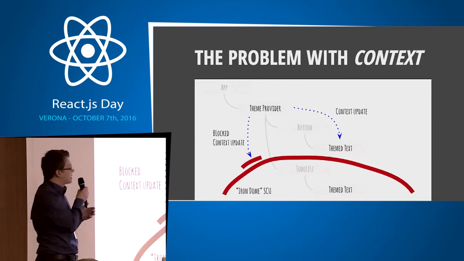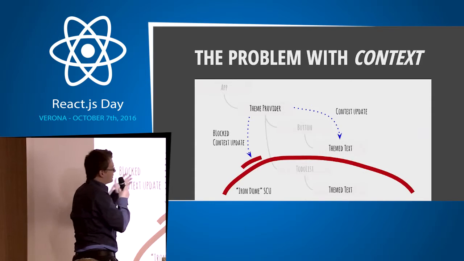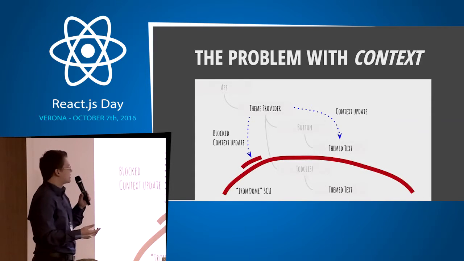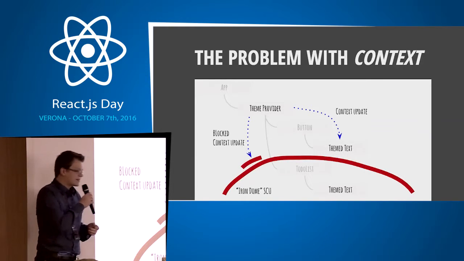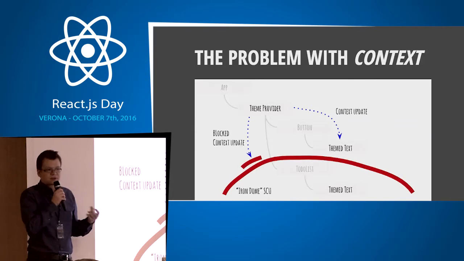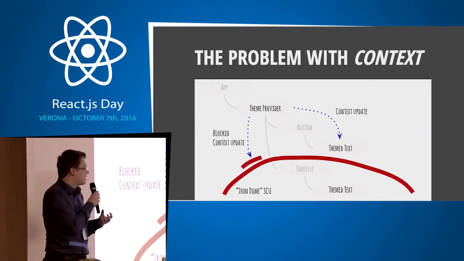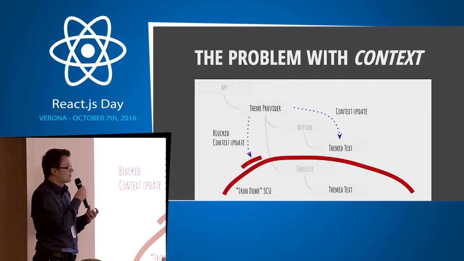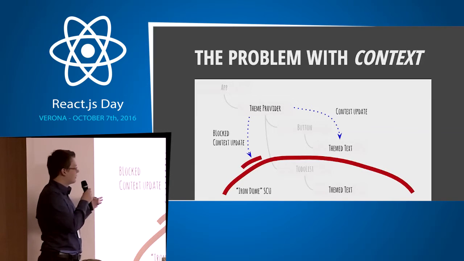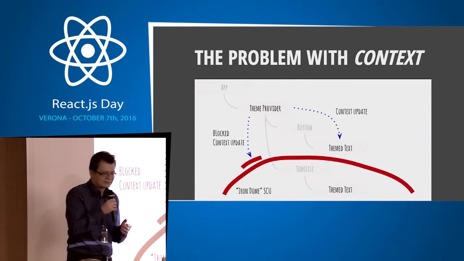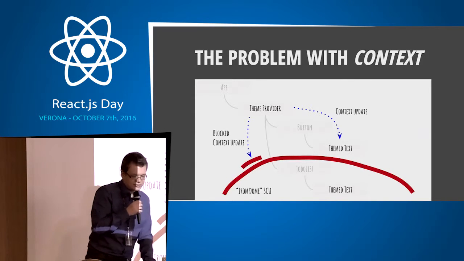So the idea is, we have an app, we have a theme provider, and then we're using context to update the themes, and it works great. But the problem is, when we have shouldComponentUpdate somewhere in any of our components, it doesn't react to my context updates anymore, which is, of course, not an ideal solution at all.